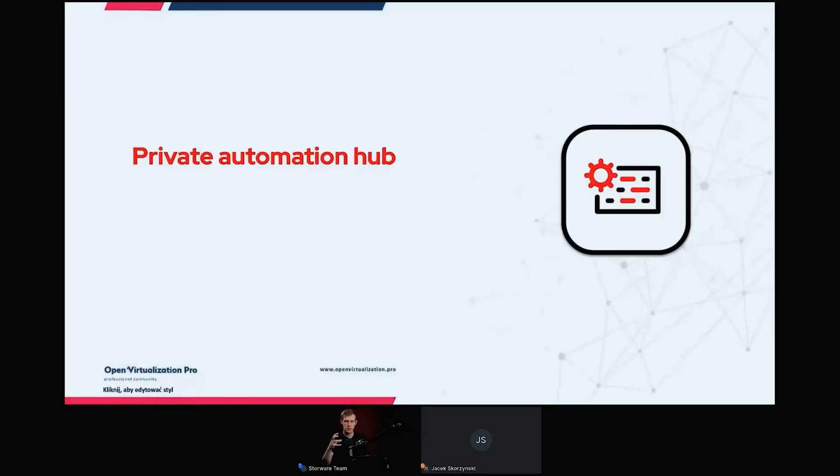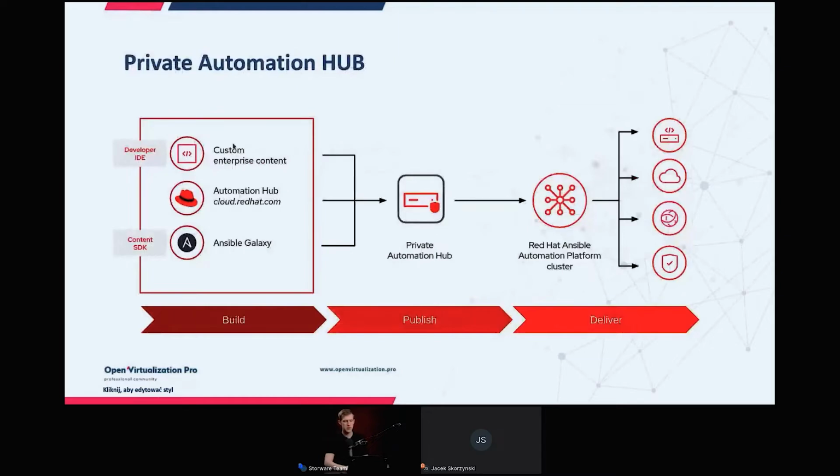But you can also put together all the content you're going to use inside your organization in private automation hub. So basically, you can do something like this. You can rely on this automation hub online, which is on cloud.redhat.com.